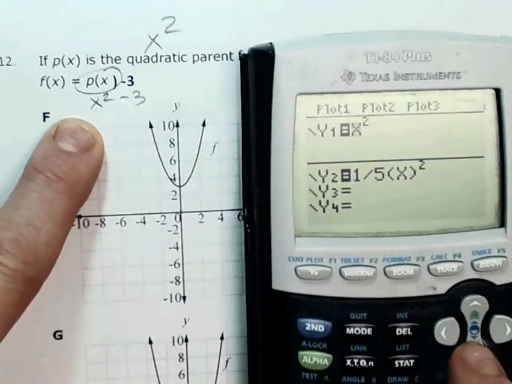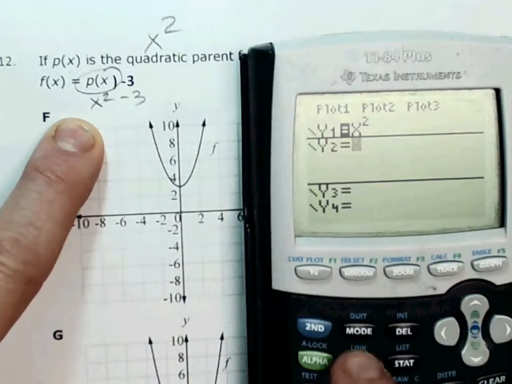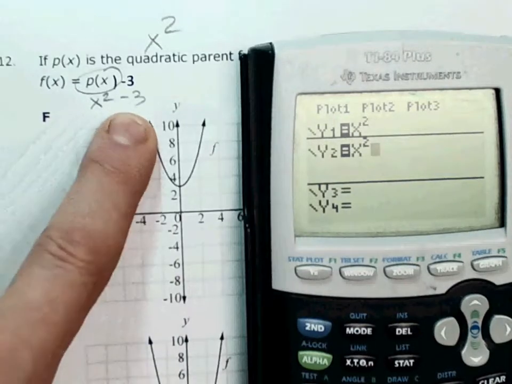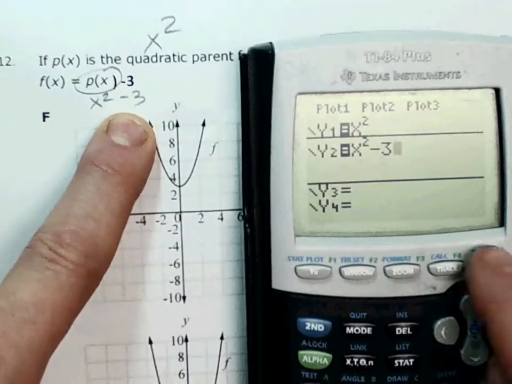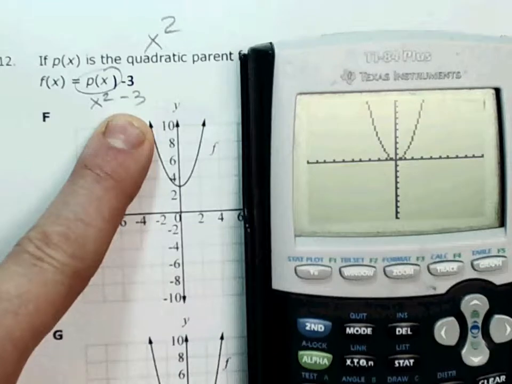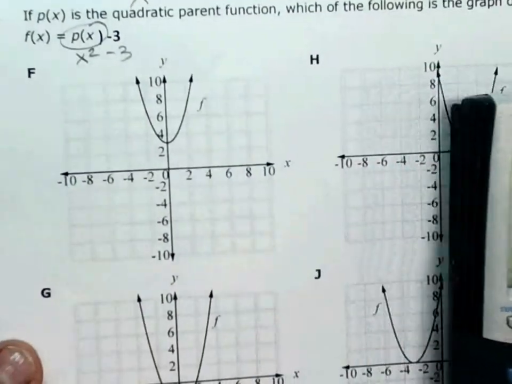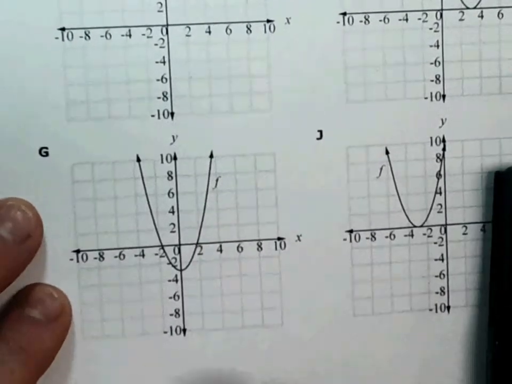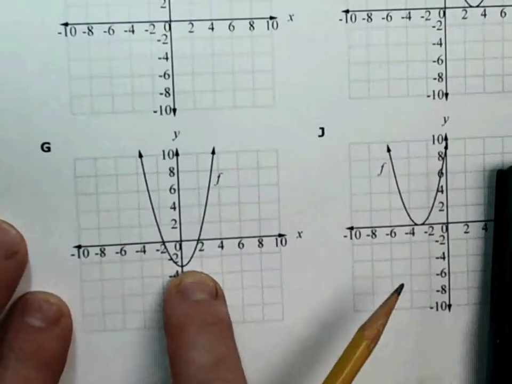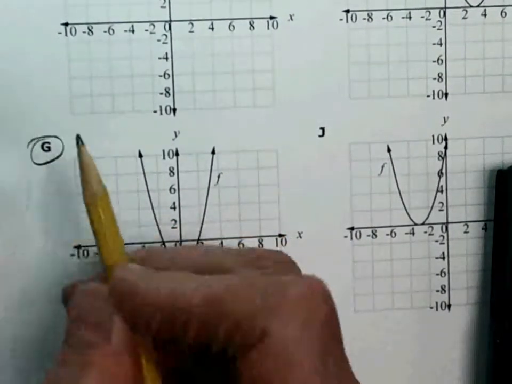So why don't we go down to the next one and take the quadratic parent and do what it says, subtract 3. There's the parent, and the other one comes in below that. So it's shifted down, and the only one that shifted down 3 is G.